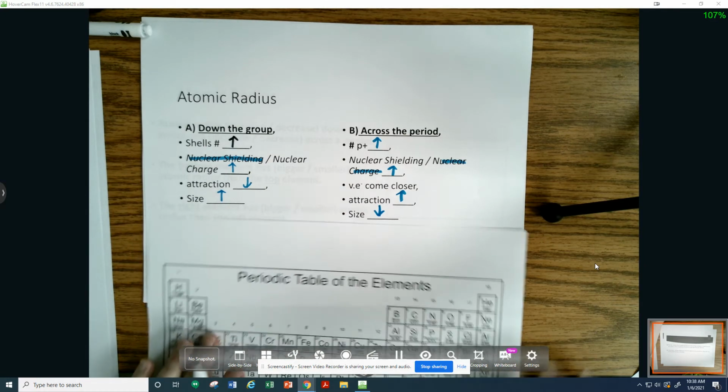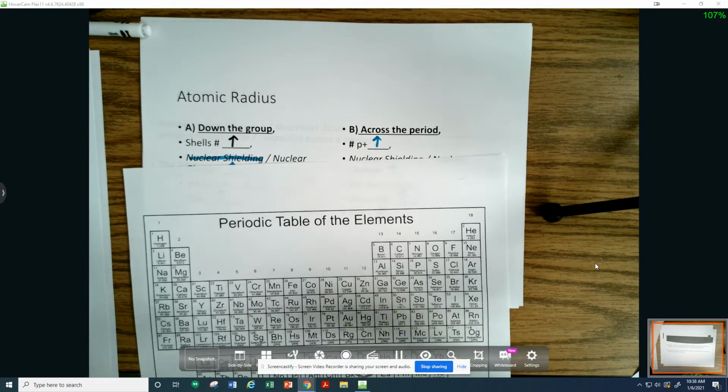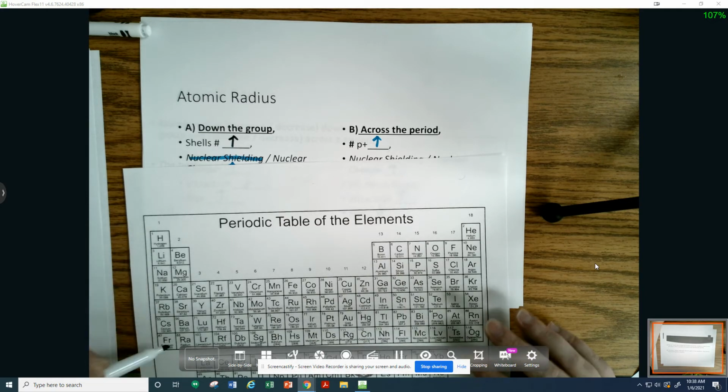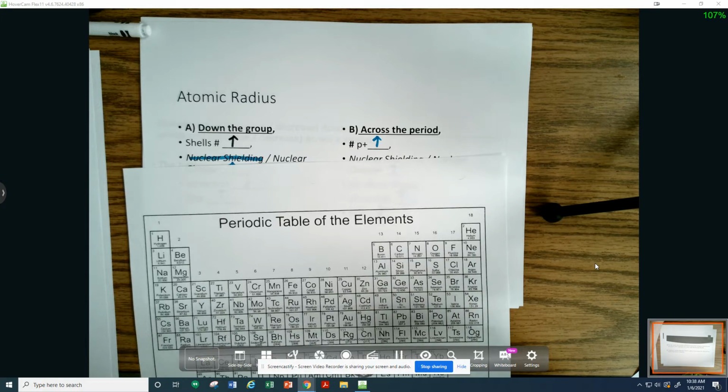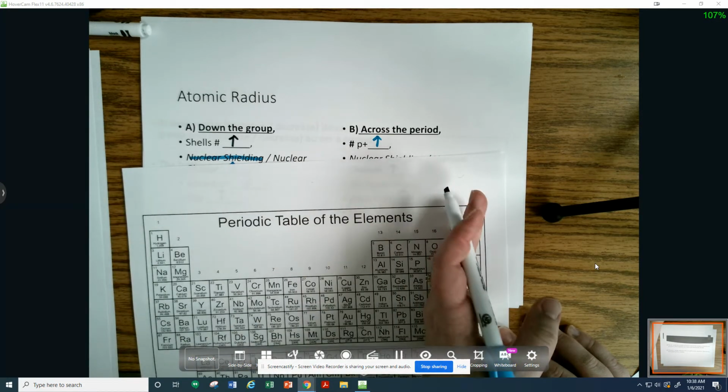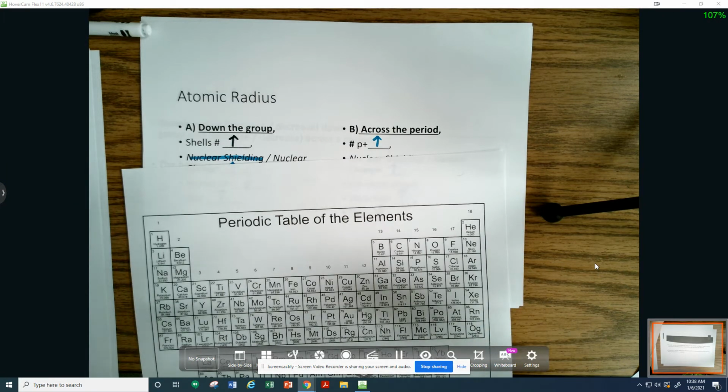Again, to determine the size of the atom, if you're adding more energy levels, the size will get bigger because the protons cannot pull on those electrons. Versus as you go across to the right, you are not moving those electrons further out, and protons are being added consecutively.